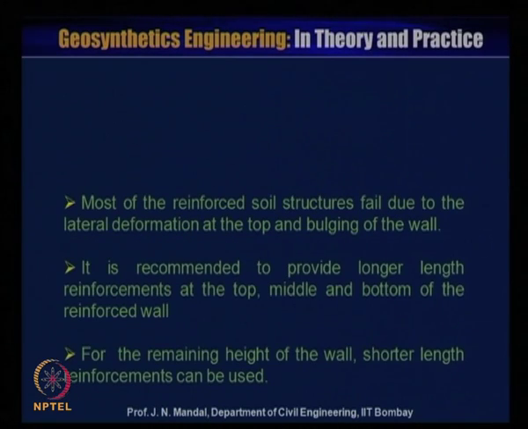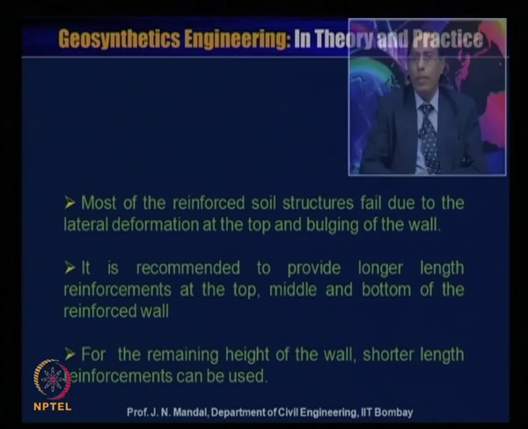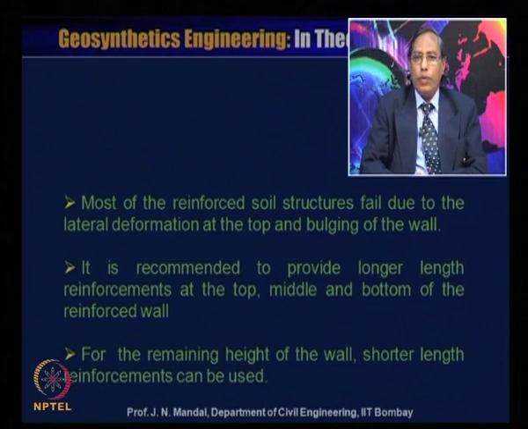Most of the reinforced soil structures fail due to lateral deformation at the top and bulging of the wall. It is recommended to provide longer length reinforcement at the top, middle and bottom of the wall, and for the remaining height of the wall, shorter length reinforcement can be used.